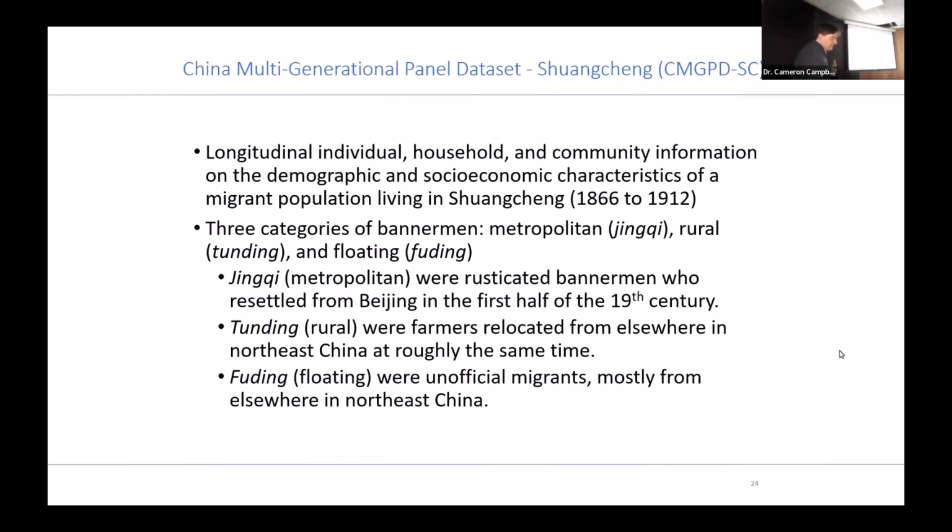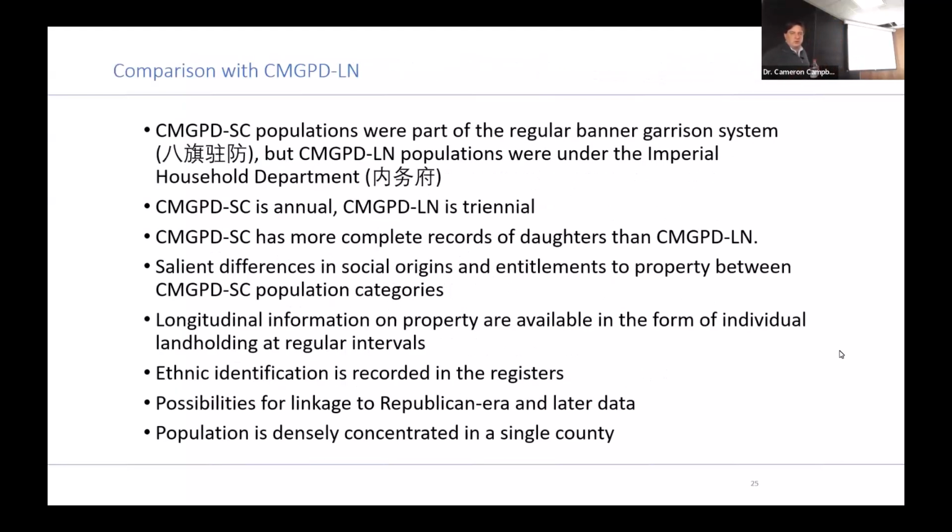So you have this population that's stratified by these categories, and there are a lot of interesting things to be looked at in terms of the implications of that institutional stratification that actually Shuang looked at. I think this gets really technical.